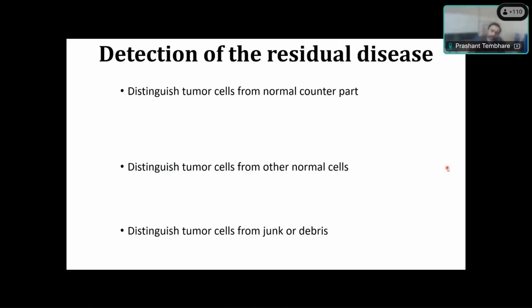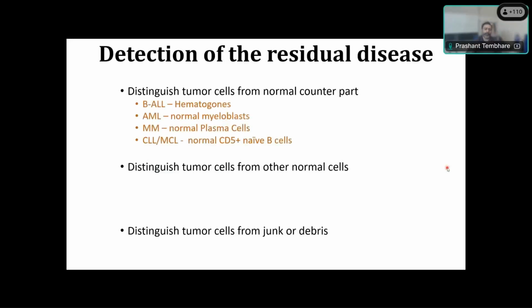When I say normal counterpart, for example, in BLL, for B cells, the normal counterpart will be hematogones, that is normal B cell precursors. For AML, it will be normal myeloid blasts. For multiple myeloma, it will be normal plasma cells. And for CLL, hairy cell, mantle cell, it will be normal B cells which are present. Usually for CLL and mantle cell, normal CD5 positive, normal naive B cells.